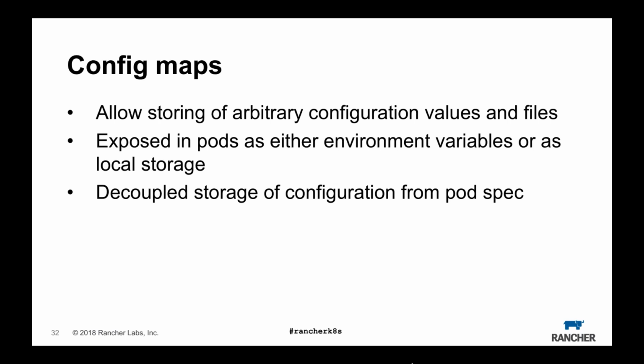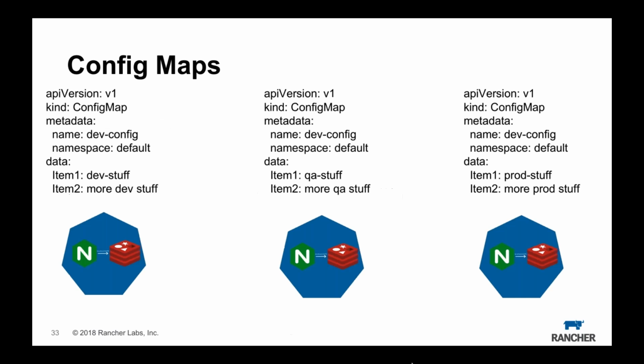So why not place your configuration values directly inside your pod specifications? Config maps basically help you decouple the storage of configuration from your pod spec. So your pod spec or your pod images need not change if your configuration parameters are going to change depending on the environment that you are going to launch the pods on.